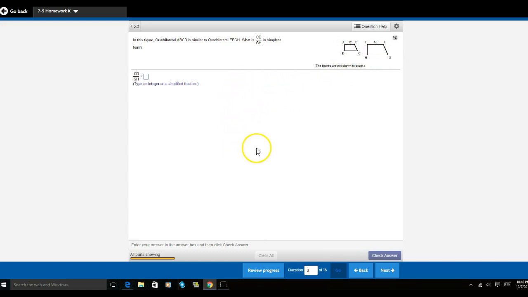So remember, because the quadrilaterals are similar, these ratios are going to be the same. So let me show you what I mean real quick. So CD over GH, because their ratios are going to simplify to the same answer.